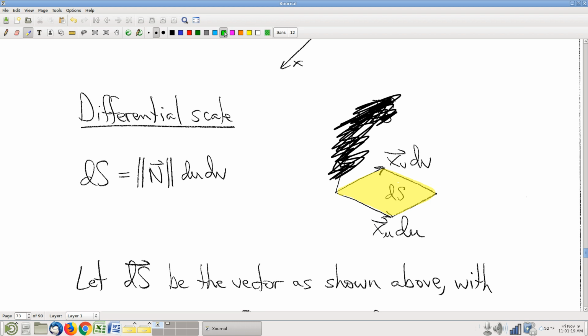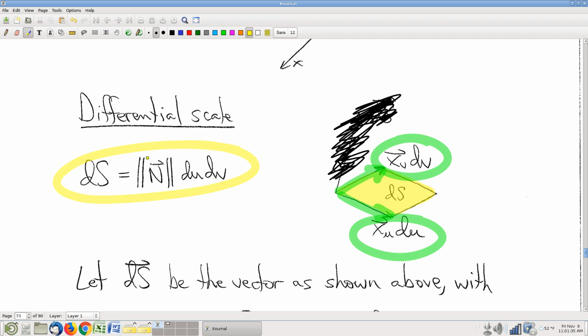We went through detailed calculations and found that this vector is XU du, that vector is XV dV, and ds, that amount of area there, is the magnitude of capital N times du dV. All of this is done back in chapter 14, I think it was, when we were doing surface area. Yeah, it's 14.9. Everybody have memories of that?